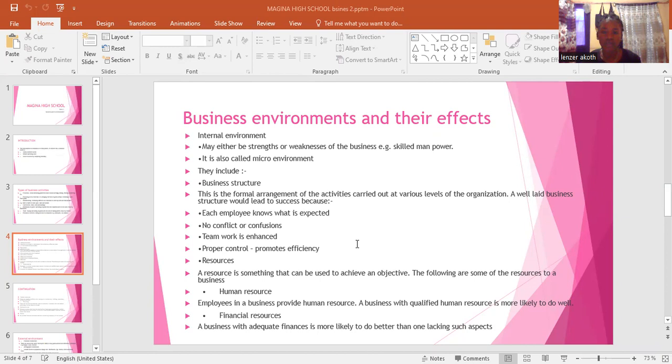A business with qualified human resource is more likely to do well as compared to a business with unskilled or unqualified human resources. We have the financial resources. A business with adequate finances is more likely to do better than one lacking adequate finances.